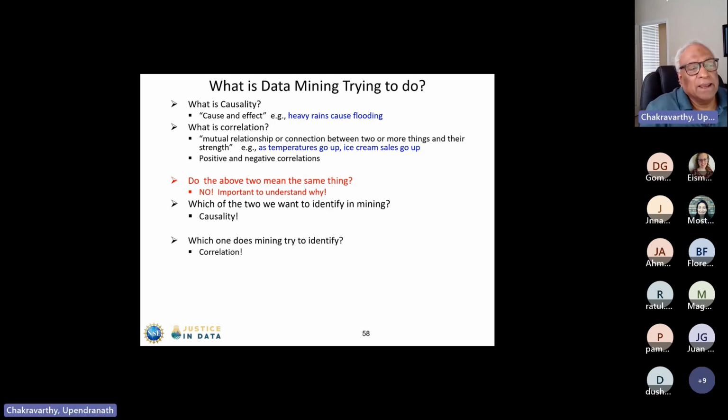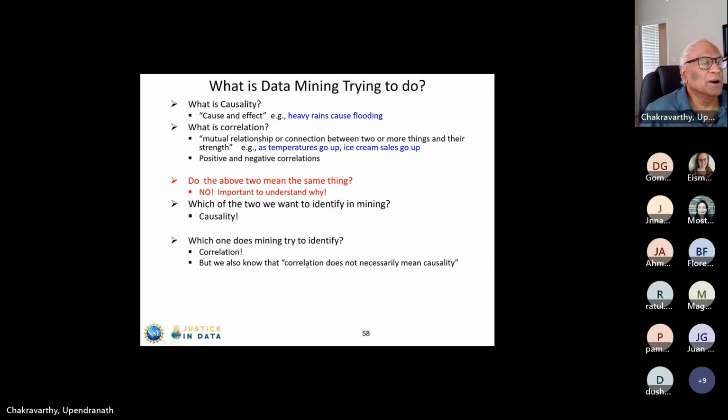You cannot take every correlation and say this is because of causality. That will not be correct. I think this is very important to understand, otherwise we can make mistakes. We also know that correlation does not necessarily mean causality, but many times it does.